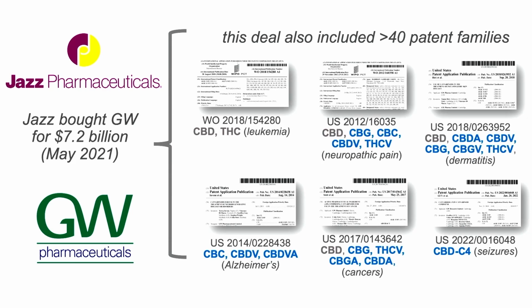But the deal also included more than 40 patent families with IP, intellectual property, that's based on preclinical connections between molecules and indications. And here in blue, I've highlighted some of the other molecules that are of interest to Jazz, that they purchased IP on for indications. So neuropathic pain and dermatitis and Alzheimer's, and cancers, and another molecule for seizures.